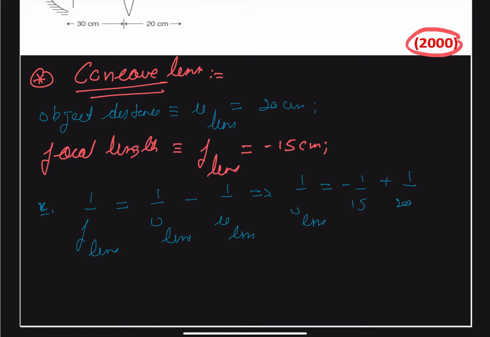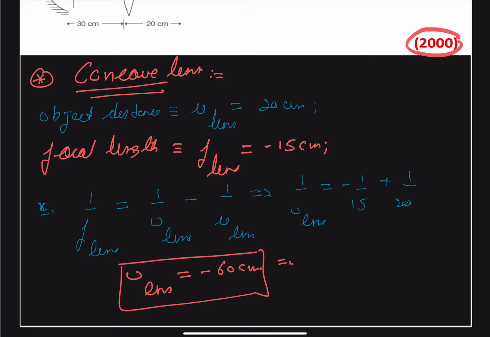This gives us V lens equal to minus 60 centimeter. So this is the position of the image after the lens, and as it is negative, the image will be formed on the left of the lens.